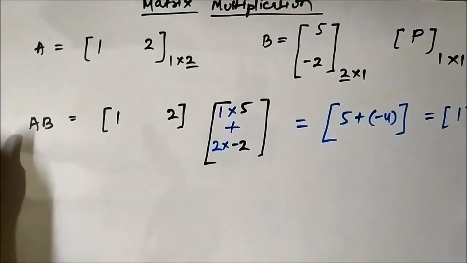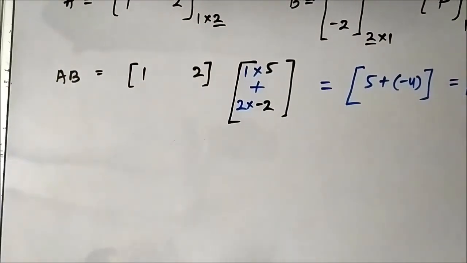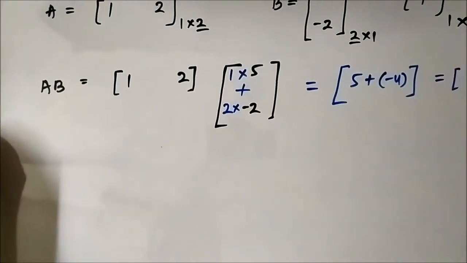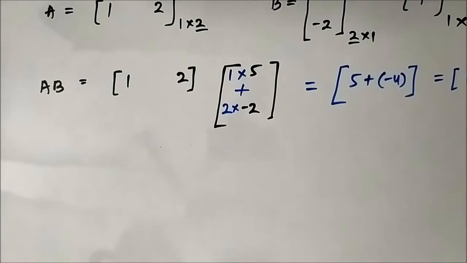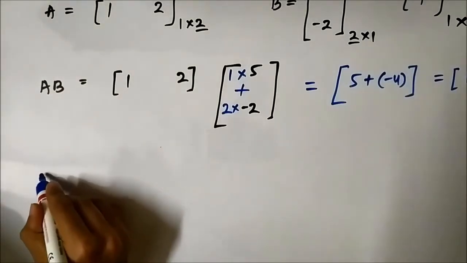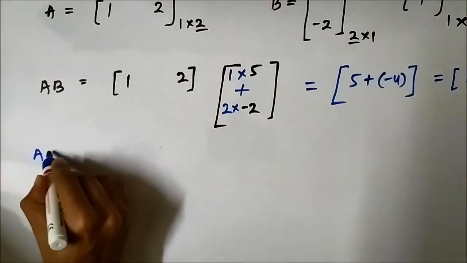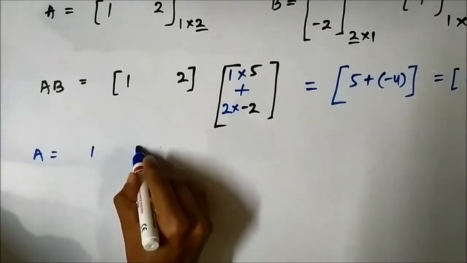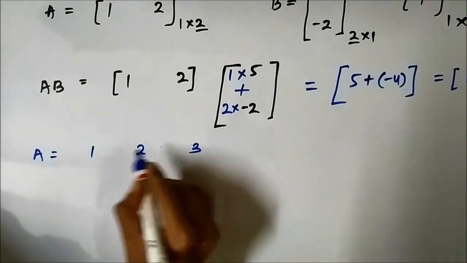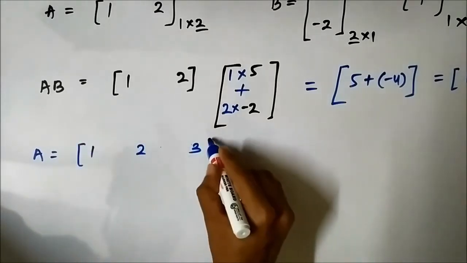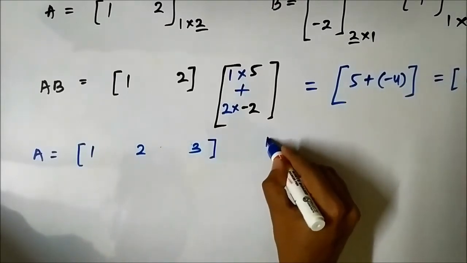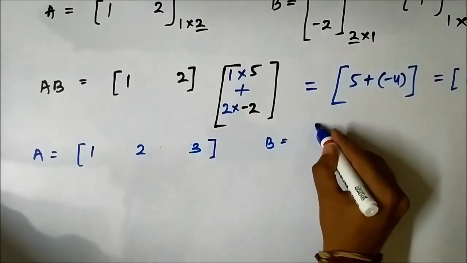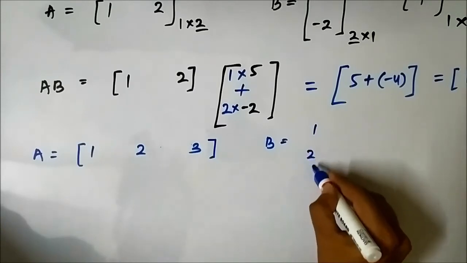Now let us take a third order row and column matrices. Let us say we have A is equal to [1 2 3] and B is equal to [1, 2, 1].